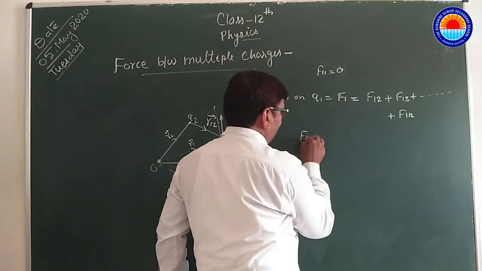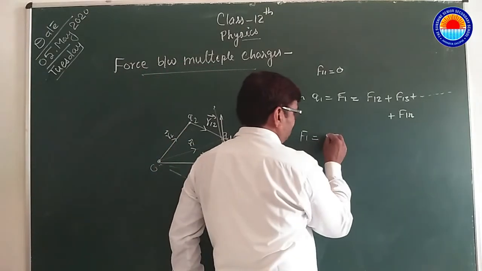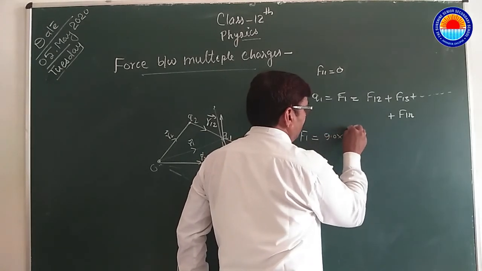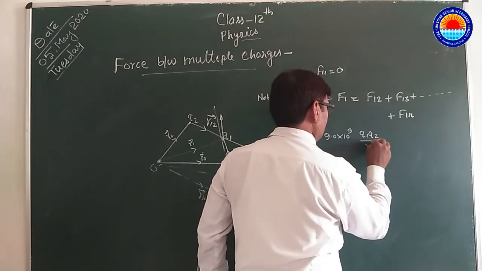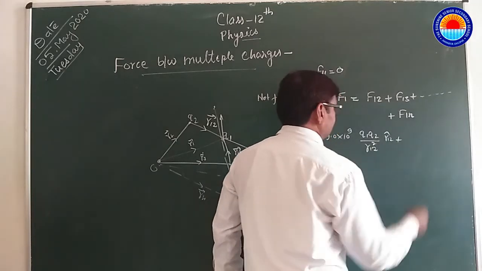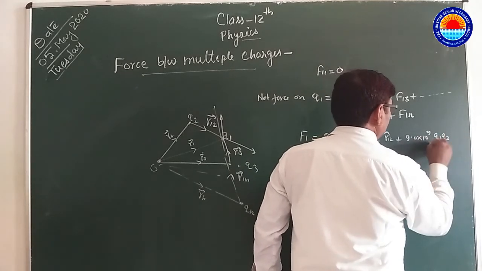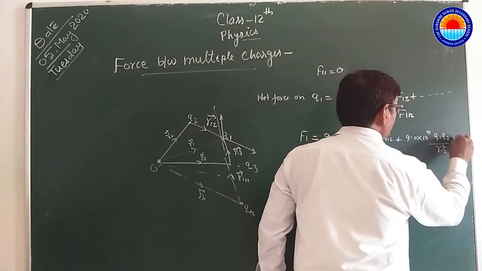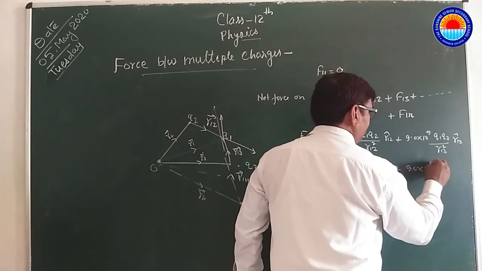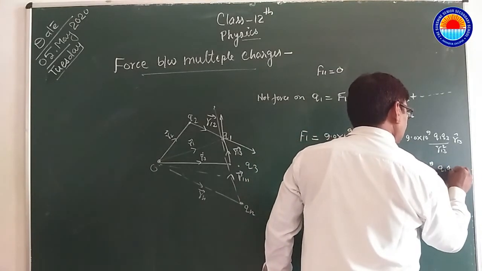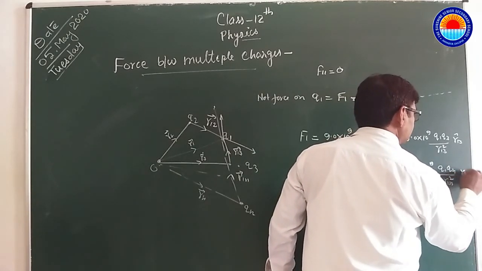That means force F1 on charge Q1 due to charges Q2, Q3, Q4 is 9.0 into 10 to the power 9 Q1 Q2 upon R12 square, plus 9.0 into 10 to the power 9 Q1 Q3 upon R13 square, plus so on, 9.0 into 10 to the power 9 Q1 Qn divided by R1n square.